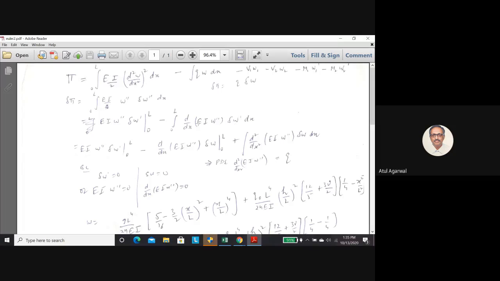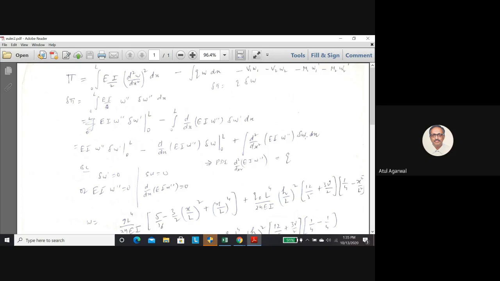Next time again you do integration by parts. This will become delta W from 0 to L plus, now you have to take the second derivative, delta W. So what is the partial differential equation? You see, this Q W delta W integral was already coming. So this plus this. There was a minus here. So this is the partial differential equation.